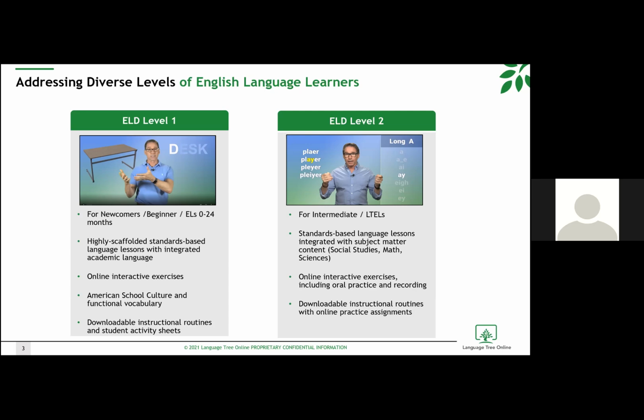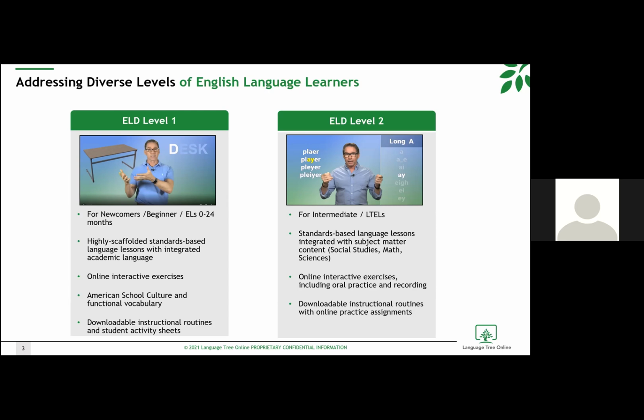So at a high level, our curriculum falls into two areas. We have our ELD Level One and our ELD Level Two. I wanted to explain what that means. Our Level One is really geared towards our newcomer English learners, our beginning English learners, up to about 24 months in country.